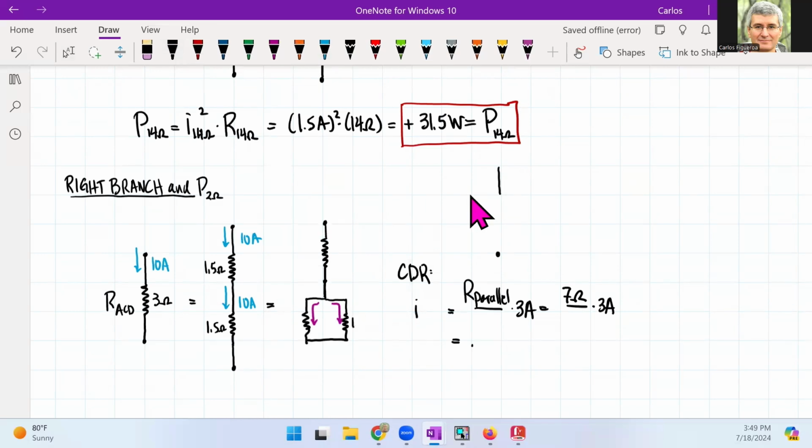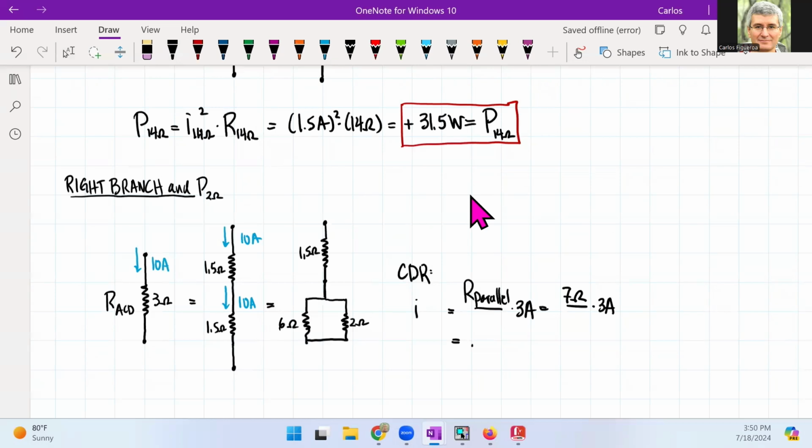So what do we know? Well, we know that this guy is 1.5 ohms. This is a 3.3 ohm, and this is a 3 ohm. No, it's not. It's a 6 and a 2. This is a 6, and this is a 2.